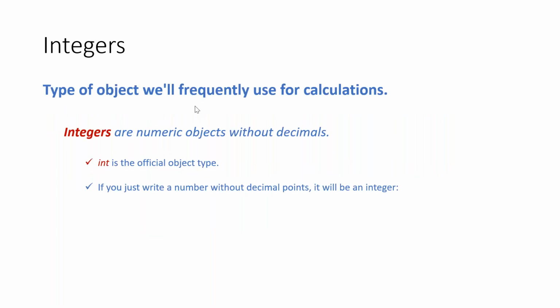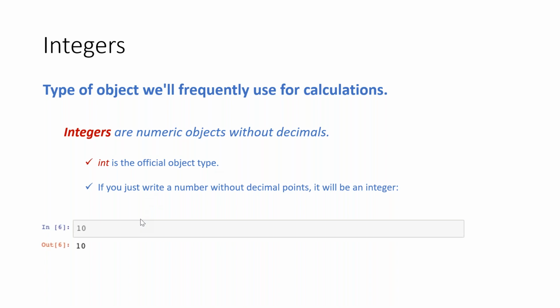So the first type, let us talk about from a computation point of view, is integers. We'll use them a lot of times. Integers are a type of object we will frequently use for calculations. Integers are numeric objects without decimals. So if you type check on 10, it will tell you it belongs to the int type of object.